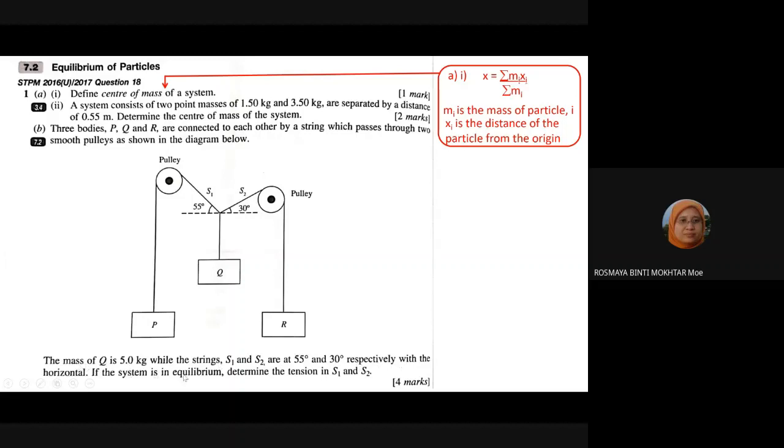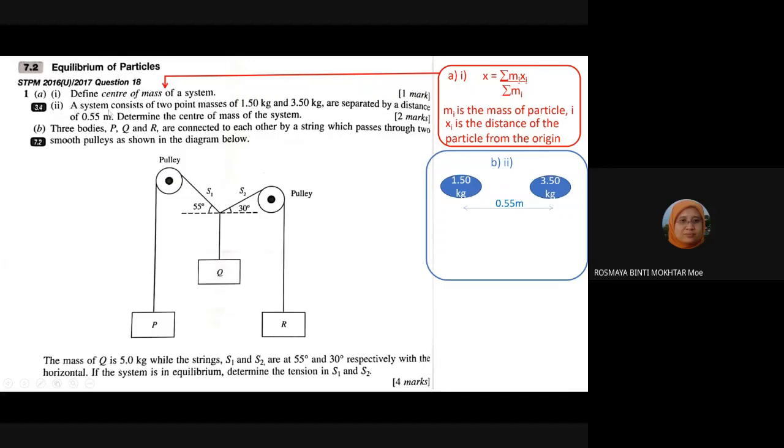If the system is in equilibrium, determine the tension in S1 and S2. So this is the equilibrium state. But we haven't done that equation yet. This one is for 1a2, not 1b2. Okay, we go back to a2.